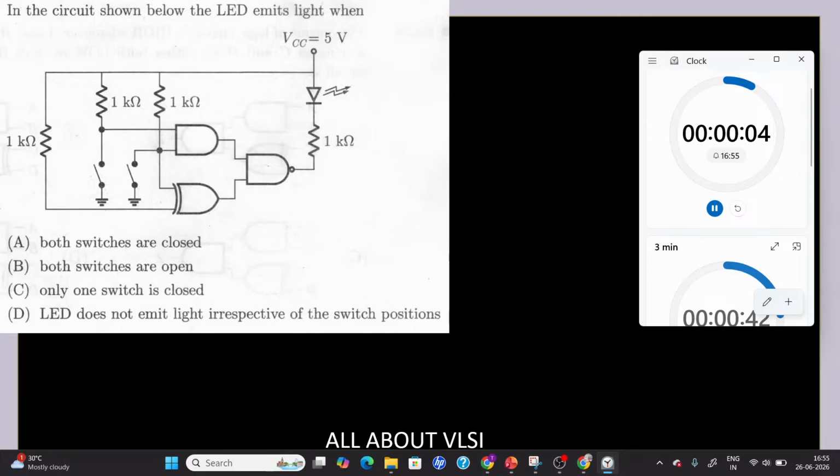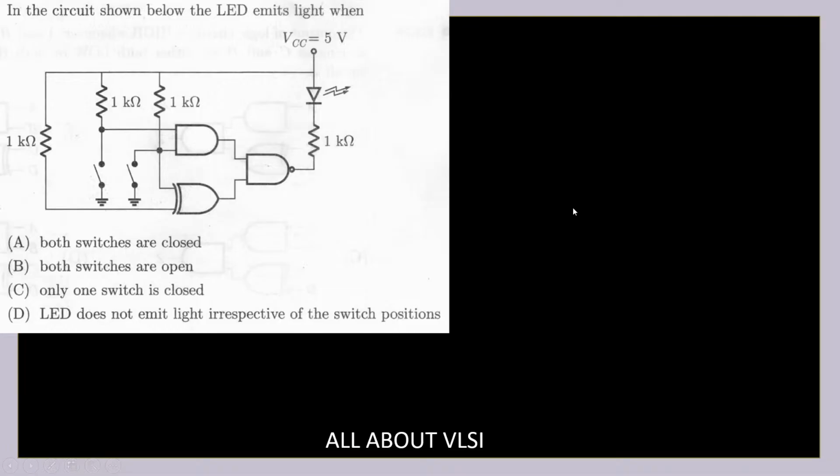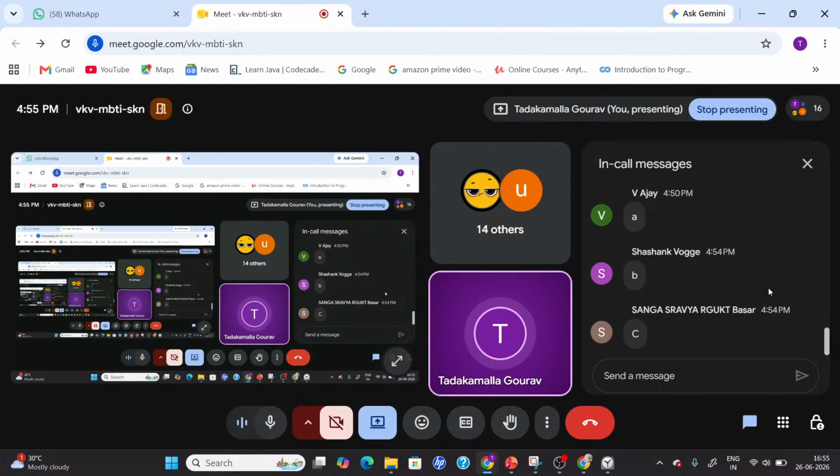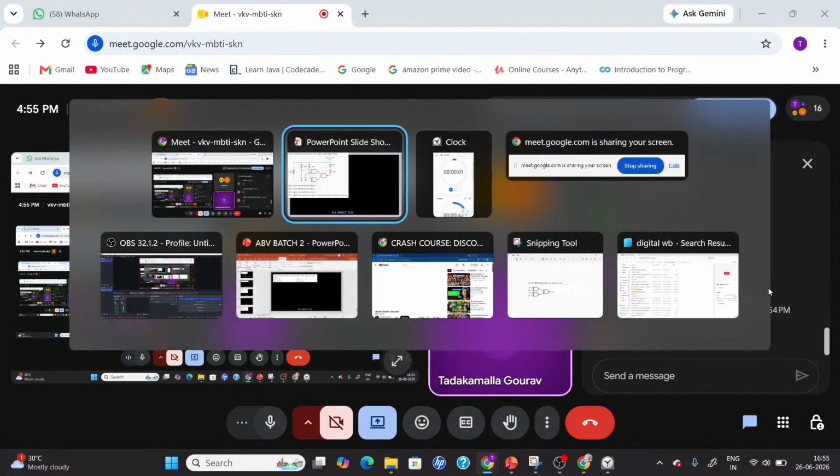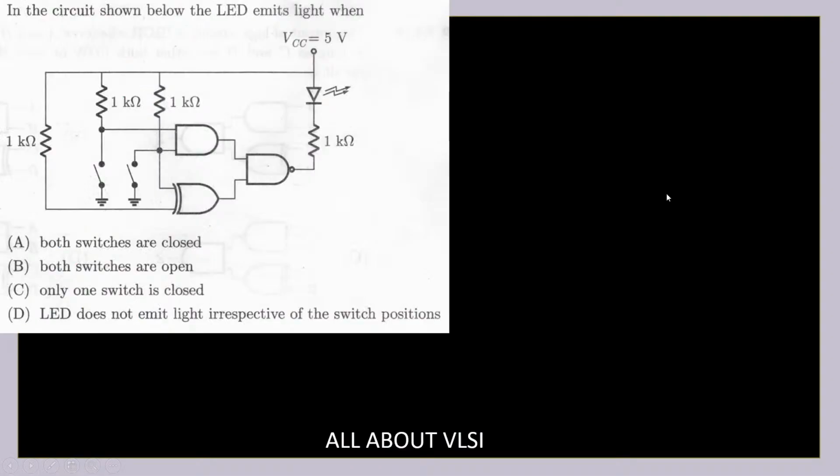Okay, so let's see the solution for it. Anyone has got the answer? Option C. Okay. Let me solve it parallelly. So what is the answer we are going to get?